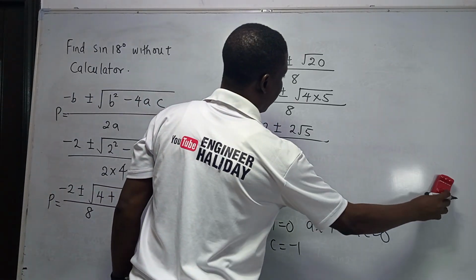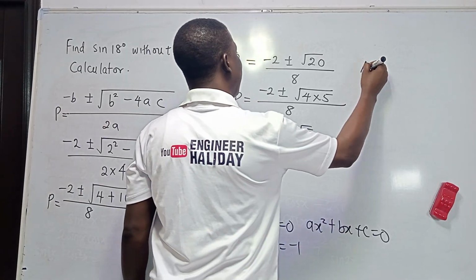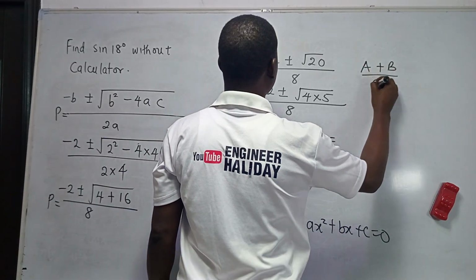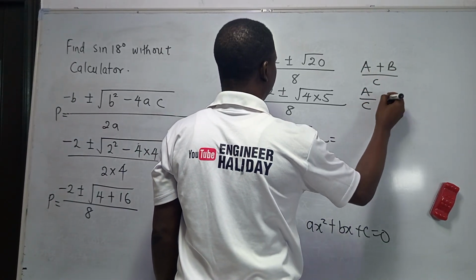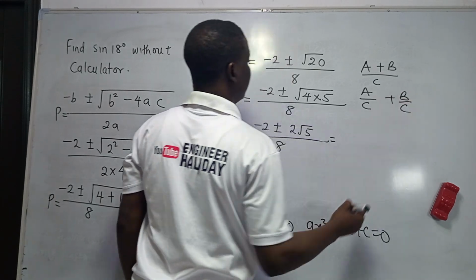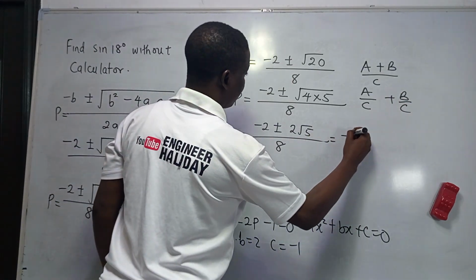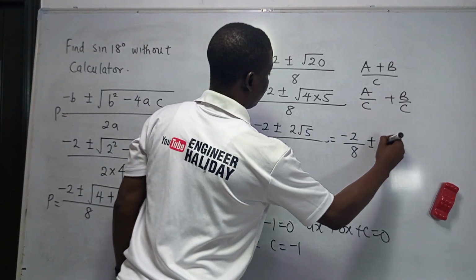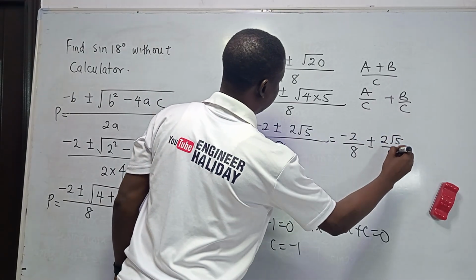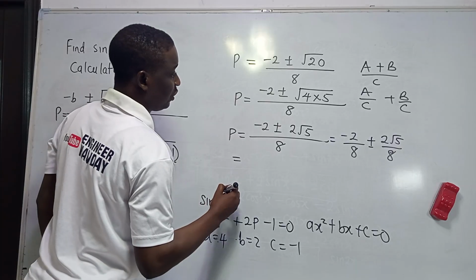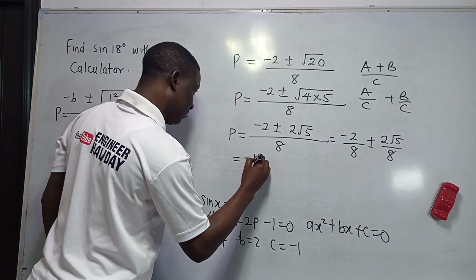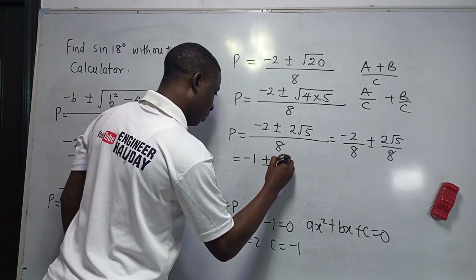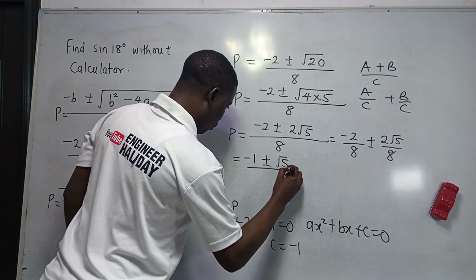And remember that (a plus b) over c is a over c plus b over c. So in that case, we can write this as minus 2 over 8 plus or minus 2 root 5 over 8. So our answer can be equal to minus 1 plus or minus root 5 over 4.